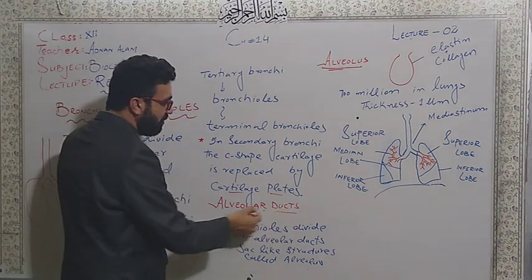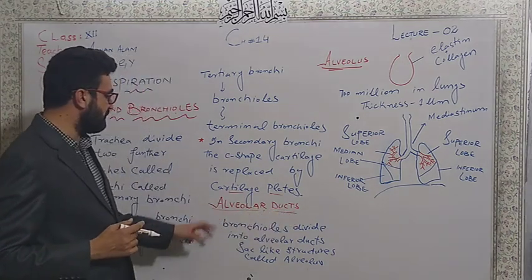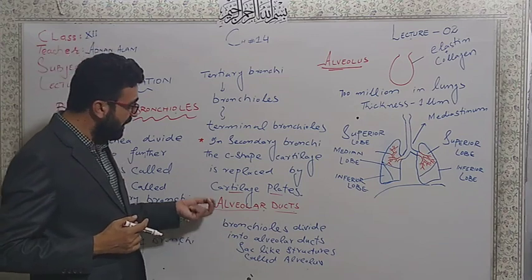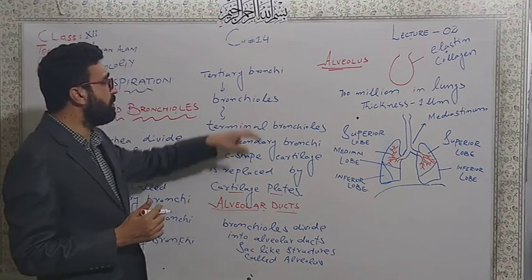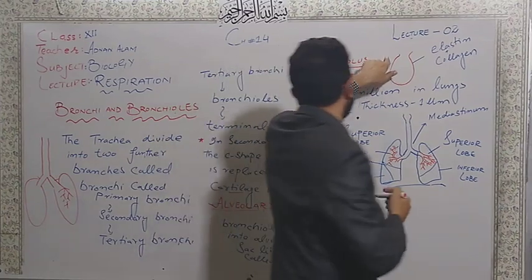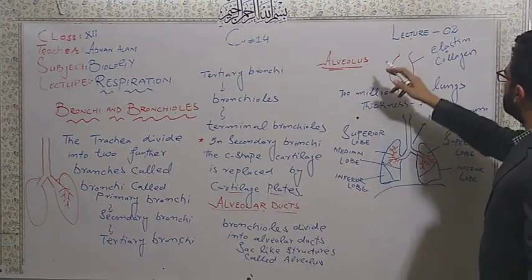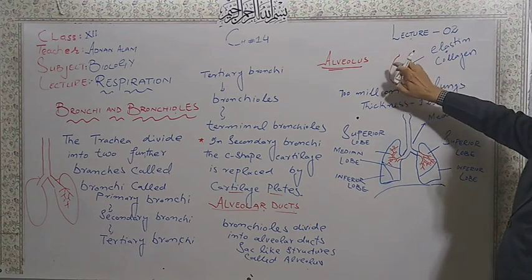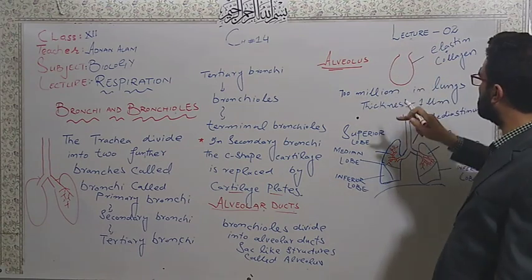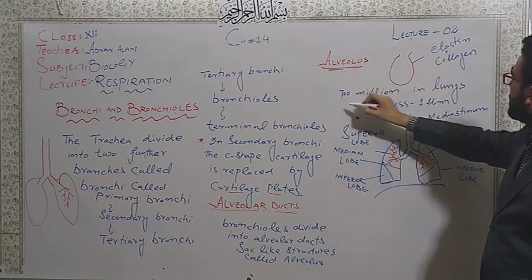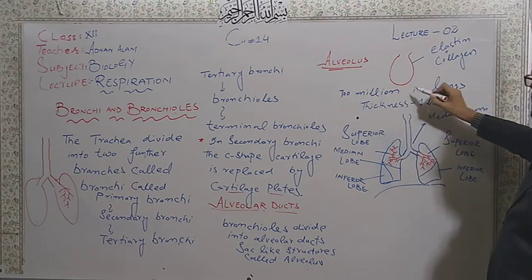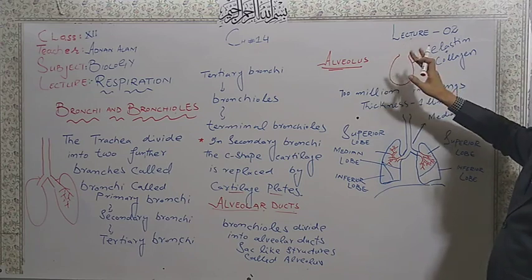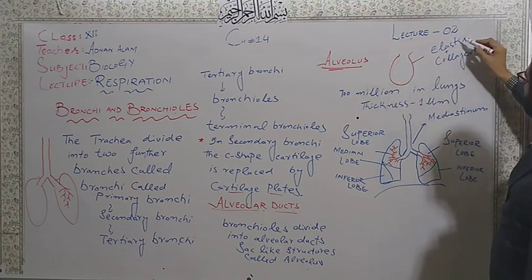Then alveolar ducts come, and these alveolar ducts open into sac-like structures which are called alveoli. The alveolus is the structural and functional unit of the lungs, and there are about 700 million alveoli in both of the lungs.